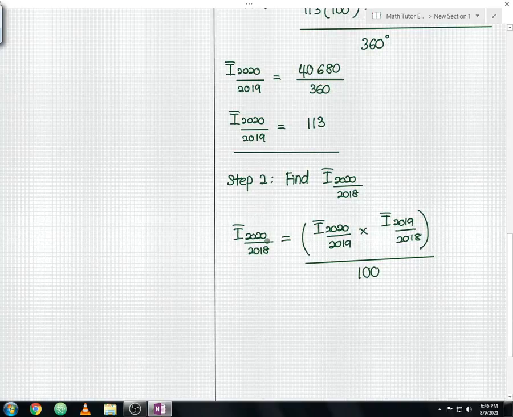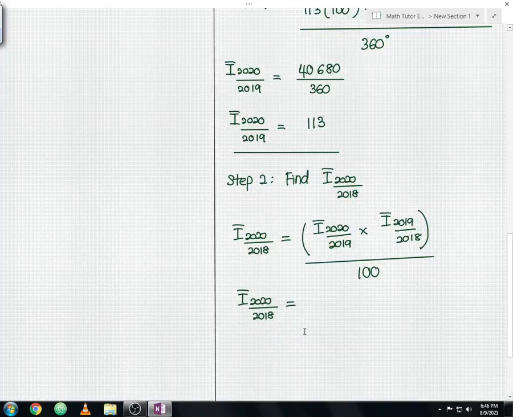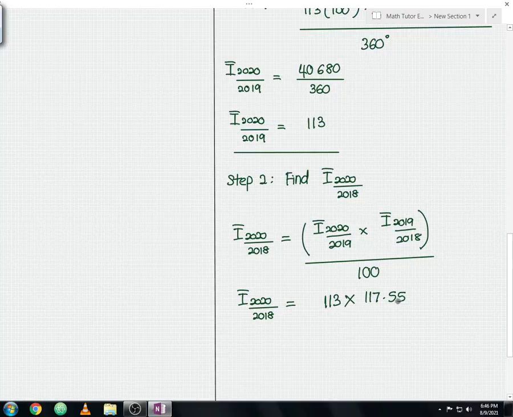So from here, to calculate the composite index of the year 2020 based on the year 2018 will be equals to 113. This 113 is representing the composite index of the year 2020 based on the year 2019. And then you times with 117.55. This 117.55 is representing the composite index of the year 2019 based on the year 2018.